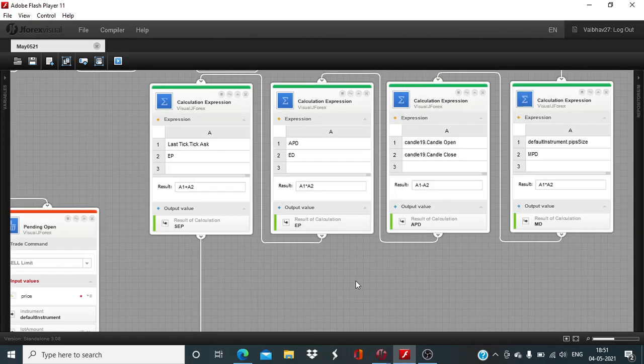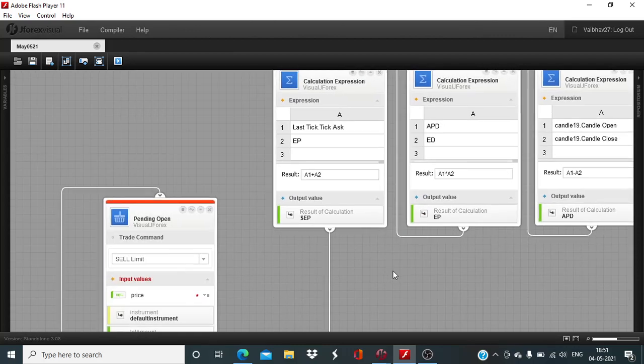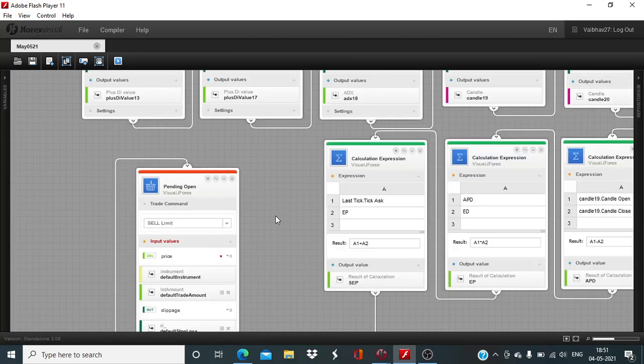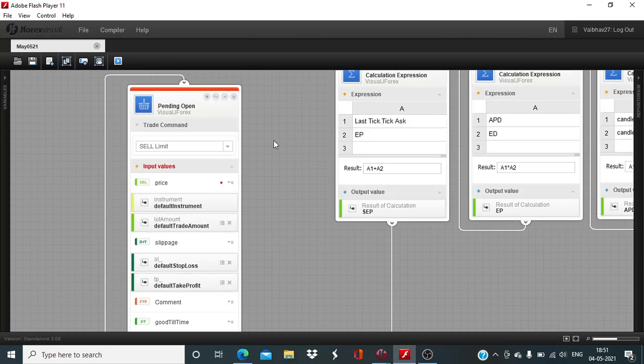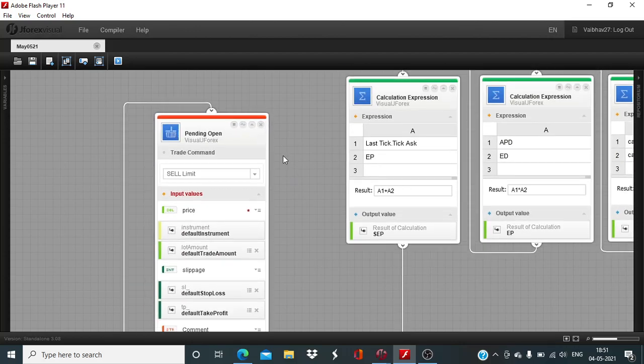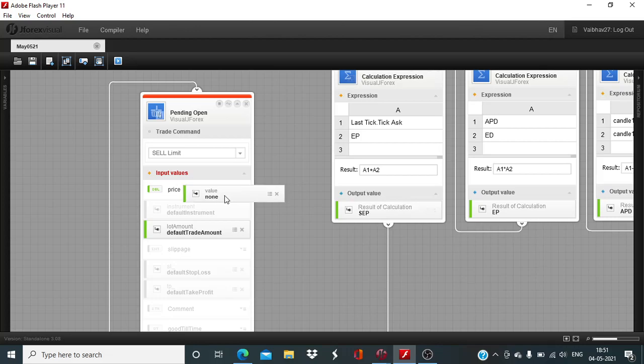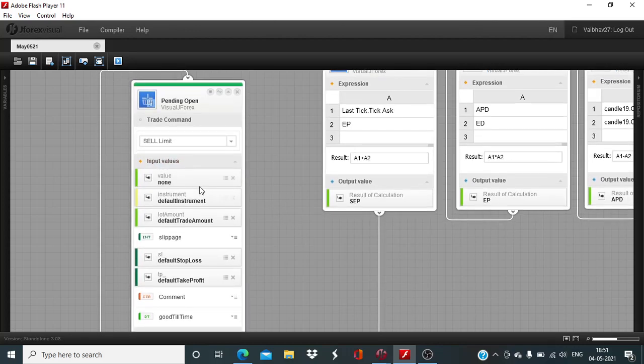Now we have to come back to the calculation part. The price has been defined. Default instrument remain as it is. Lot amount is going to be 0.1 million.